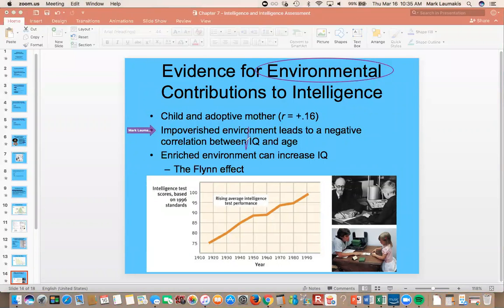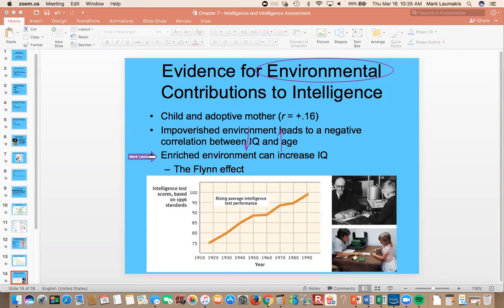So IQ score gets dragged down the longer you're in a place where the schools are terrible, you don't have any books or libraries, you have poor health care, you have poor nutrition, all these things. The longer you're in that environment, the more that drags things down. Okay? So an impoverished environment has a negative impact over time. If this was just genetically driven, it shouldn't be able to be pulled down. It is pulled down because environment matters too.